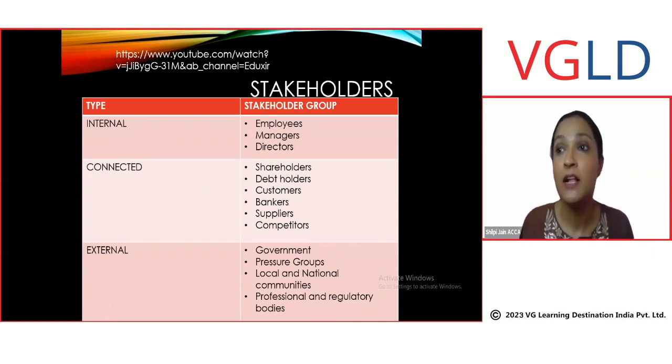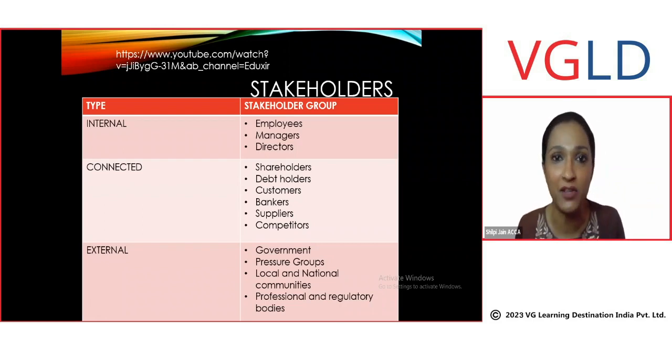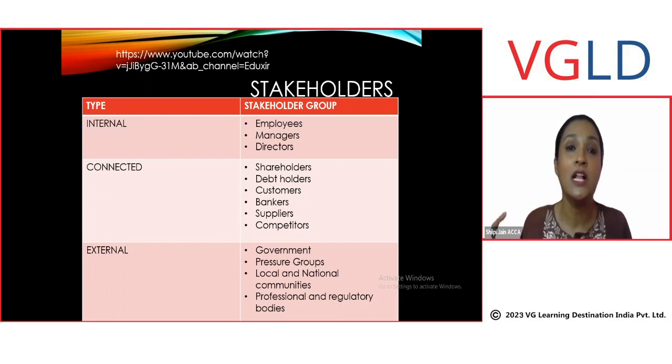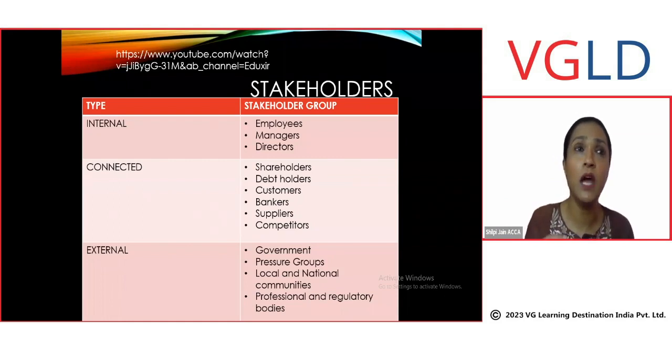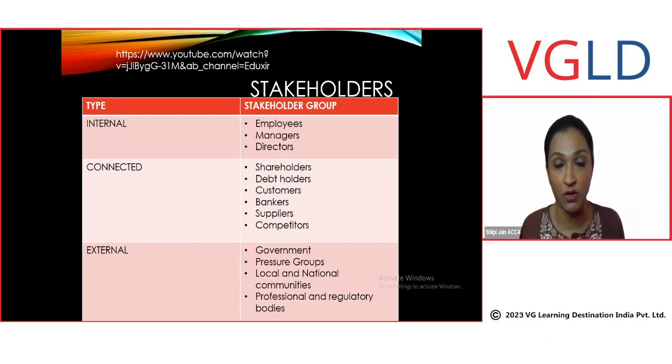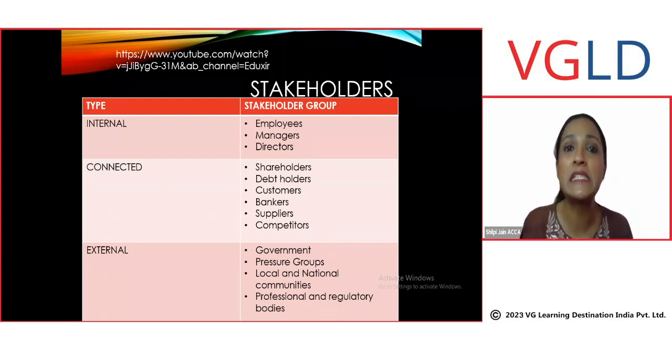You can say they're a powerful group of stakeholders who can impact the organization's operations as well. So the government, the pressure groups, the local community at large, the regulatory body to which you need to comply, or the professional body which you need to comply to, these are all external stakeholders.